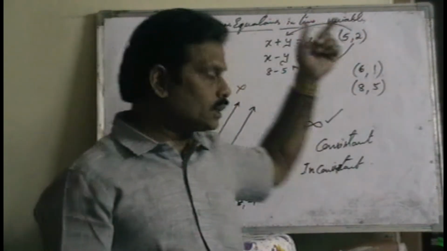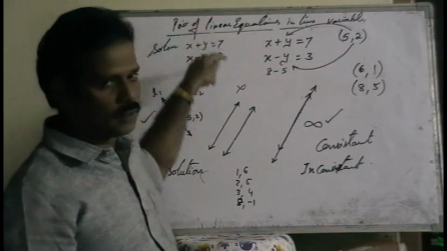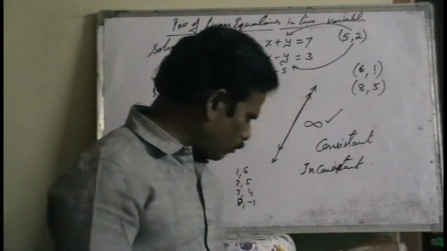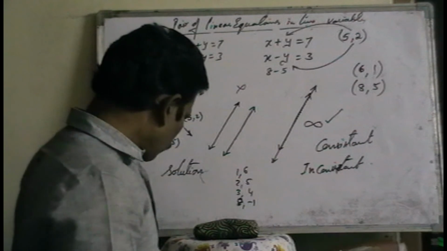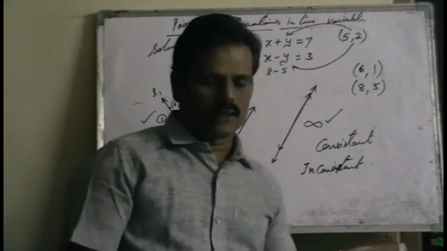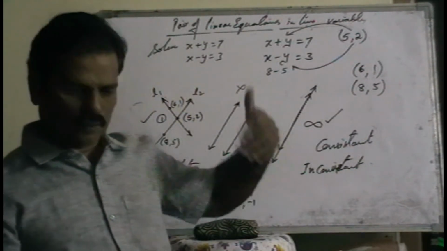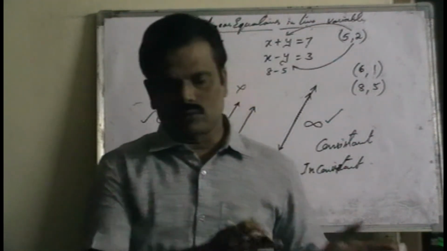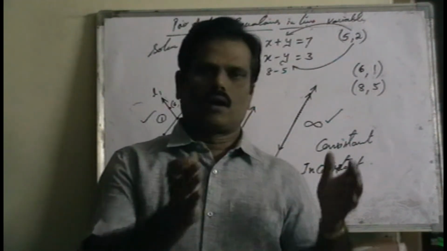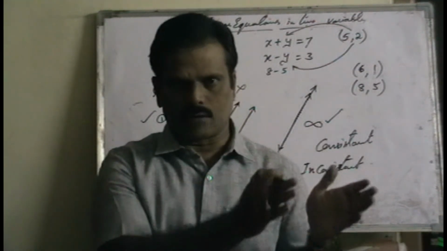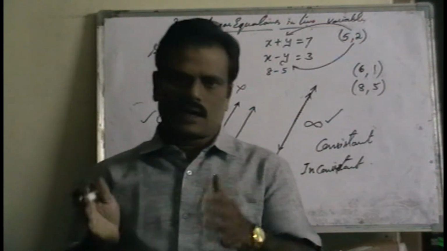To solve the linear equations also, there are a number of methods. Okay, we'll discuss next class how to solve the theoretical problems, how to change the given theoretical part into linear equations, and how to solve.